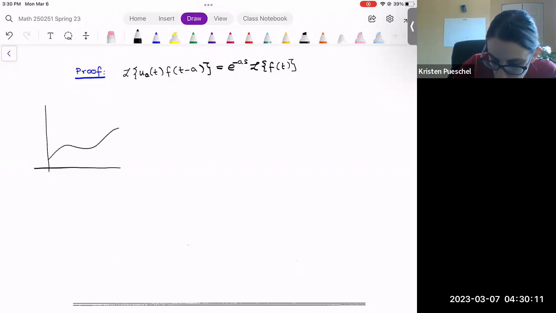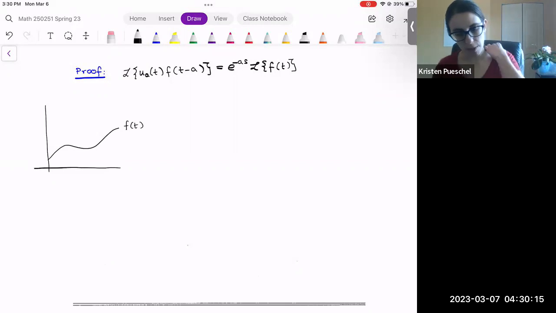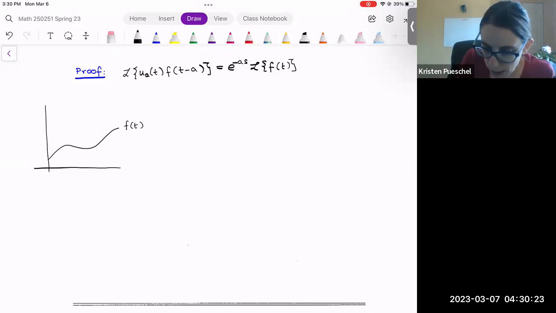f of t, we're going to be looking at the Laplace transform of u_a of t times f of t minus a. The u_a of t piece means that we're equal to 0 until we get to time a, and then we're equal to 1.